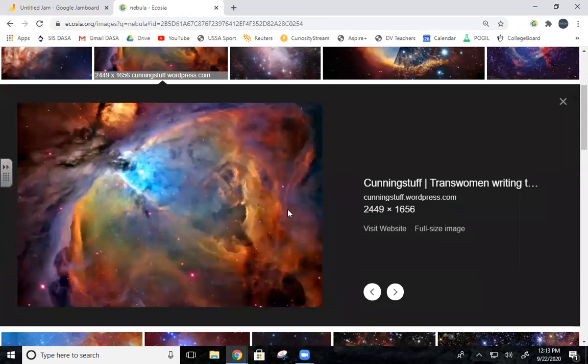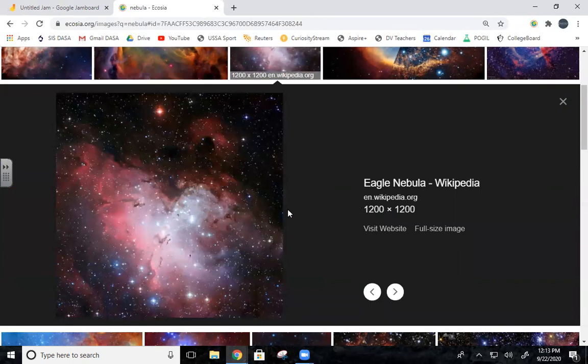That's what a nebula looks like. They're pretty awesome. This happens to be the Orion Nebula, which I've seen many times through my telescope. This one is the Eagle Nebula. So this is what a nebula looks like.